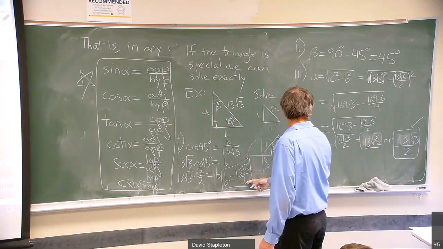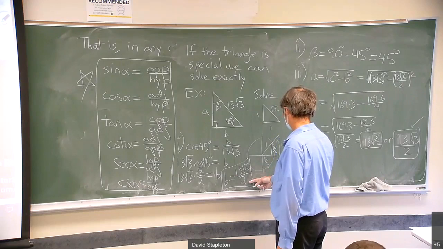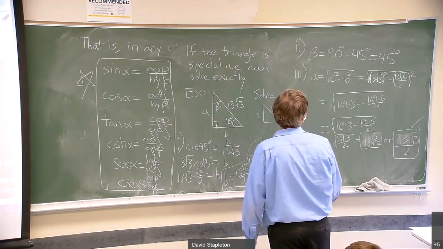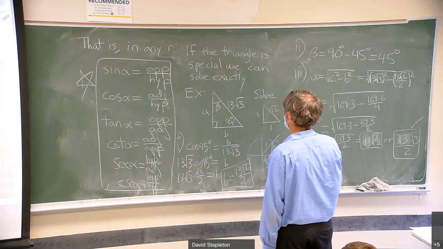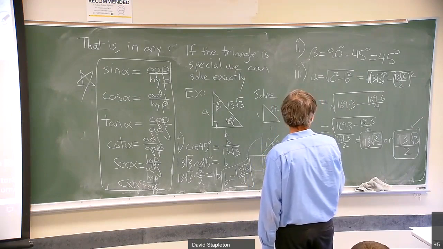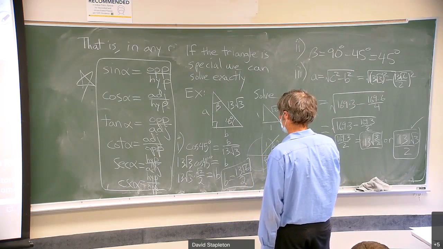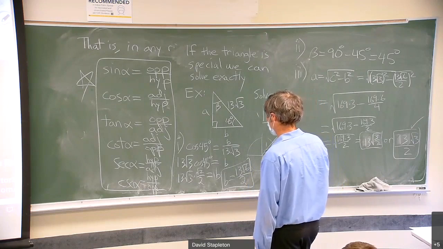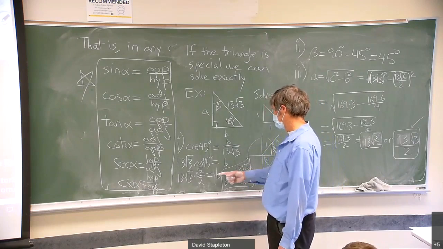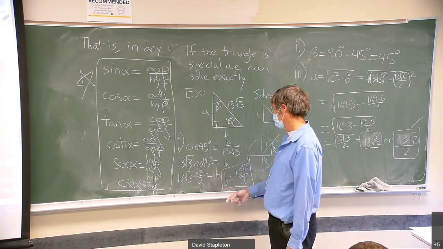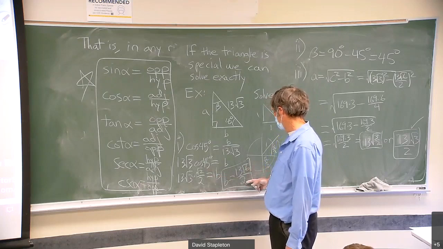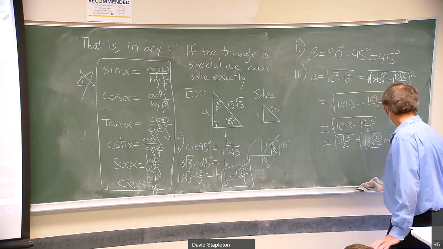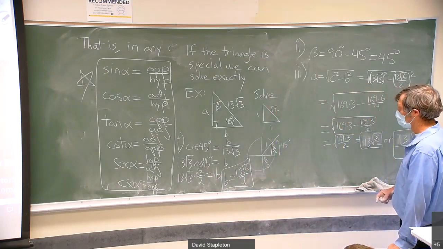This one was 13. This should be 13. Do this right. What did I do? Oh, oh boy. It should be square root 2.